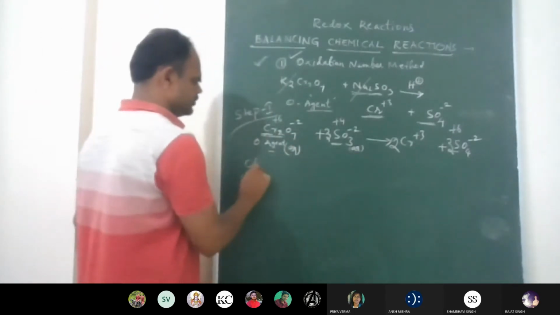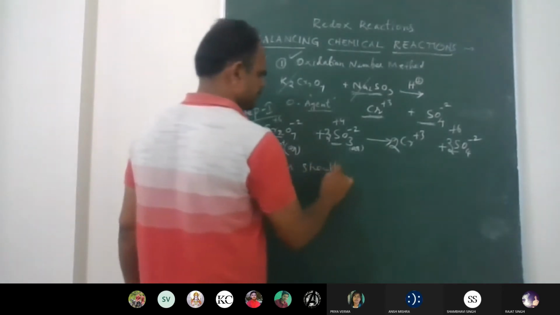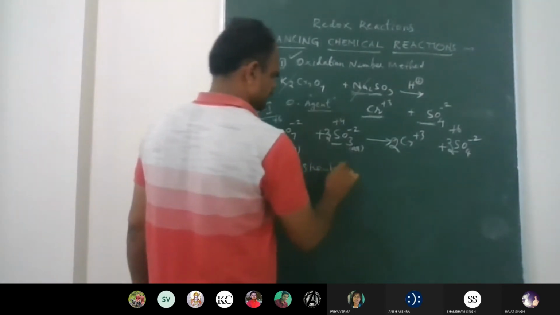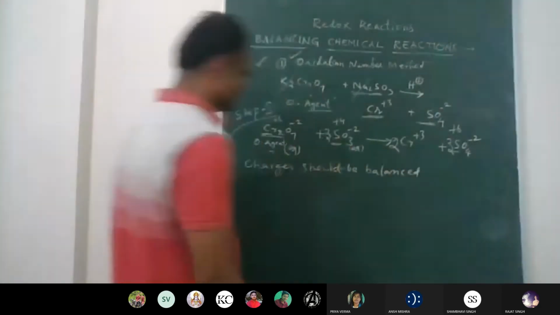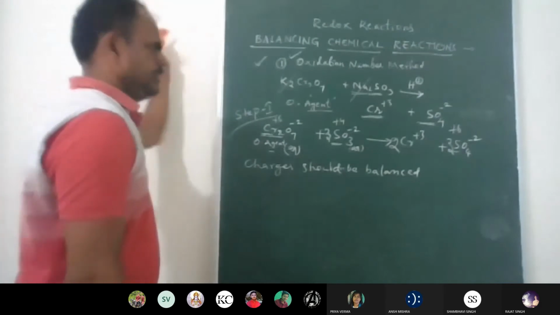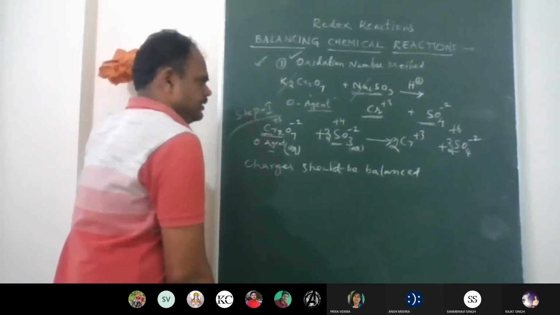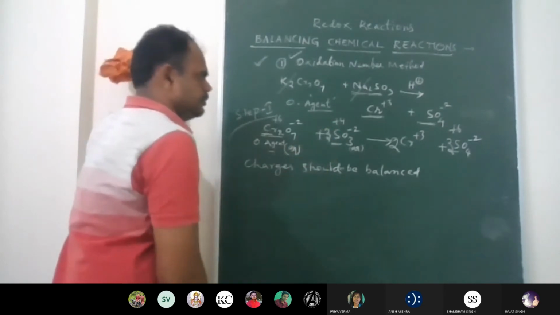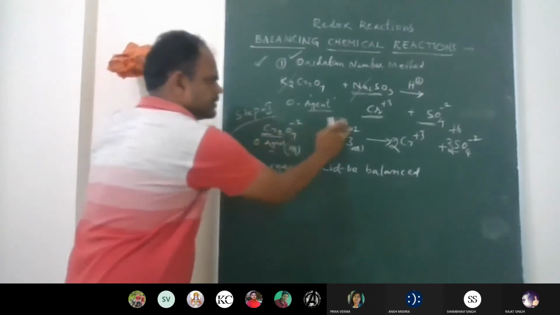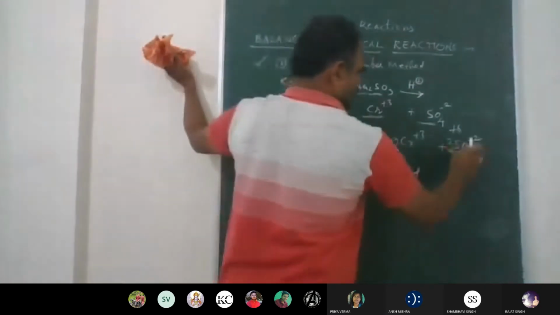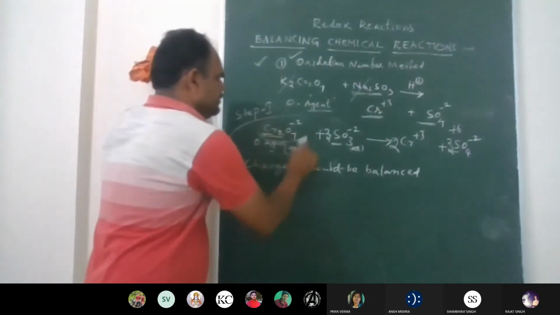Next step, charges should be balanced. Charges should be balanced in this chemical equation. So now we should check the charges on both sides. Not oxidation numbers. This is an ion.